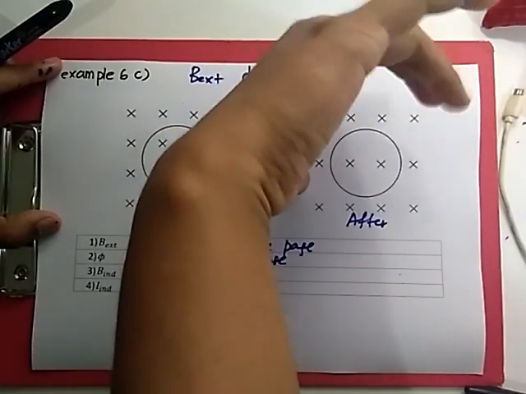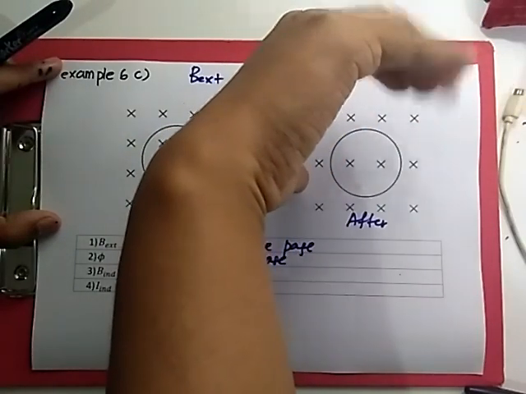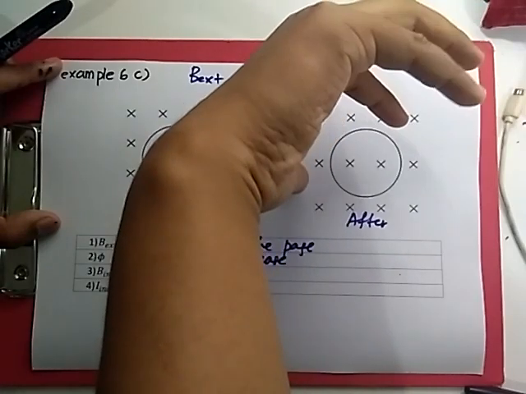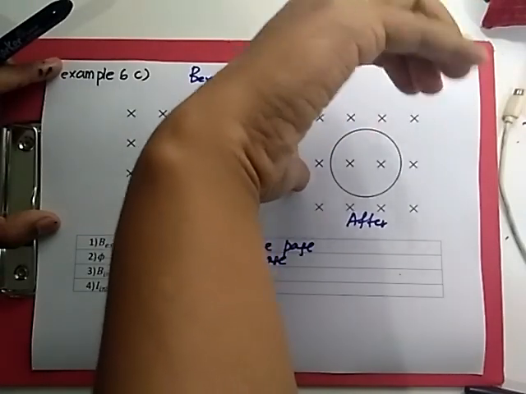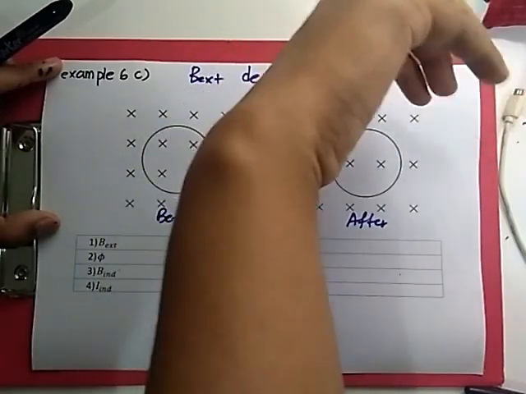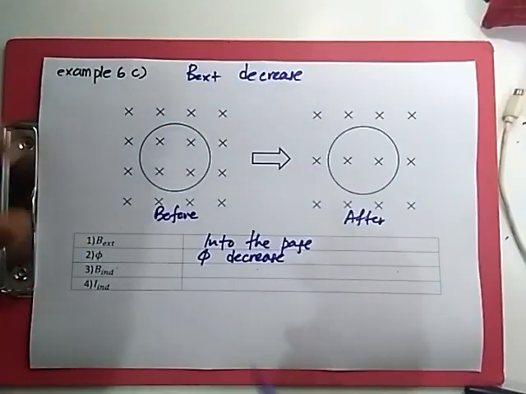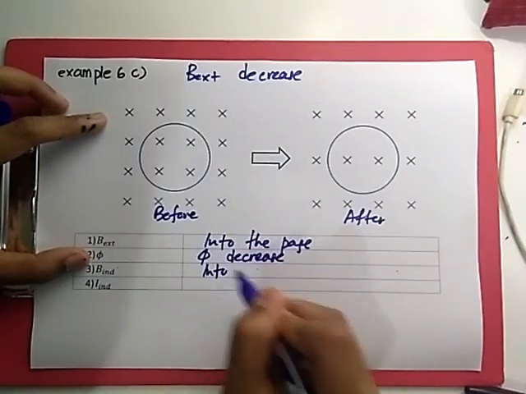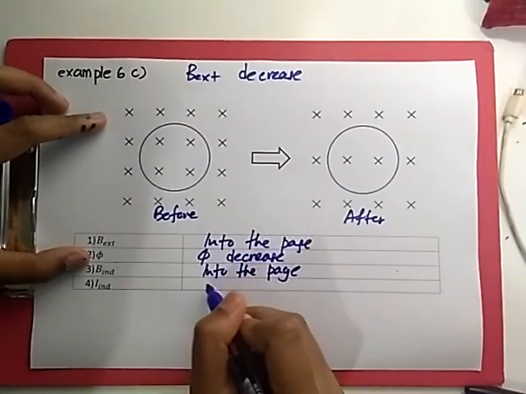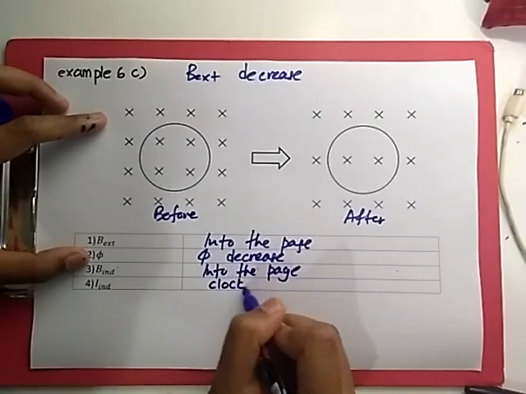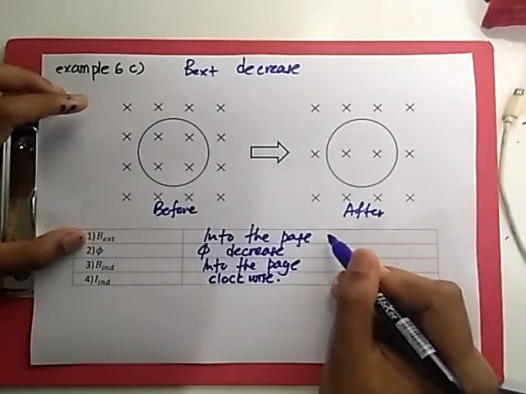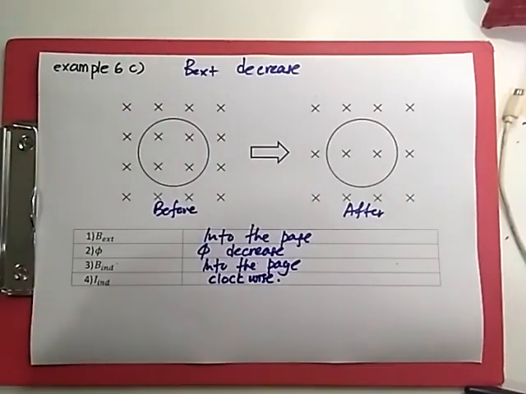Therefore, by using our right hand grip rule, we know that the direction of current is indicated by the fingers. So, finger saya menunjukkan arah clockwise. So, B induced is also into the page. And the current is clockwise. Okay, so into the page ni maksudnya dia sama dengan B external.